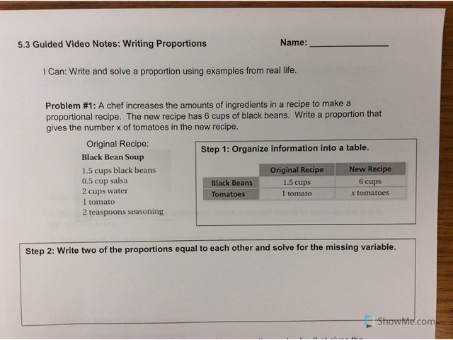We'll take the cups of black beans, so you can do this a couple of different ways. We can go ahead and put the 1.5 cups over the 1 tomato. So we have our original recipe numbers together, and we can set that equal to the 6 cups over the new number of tomatoes that we need.